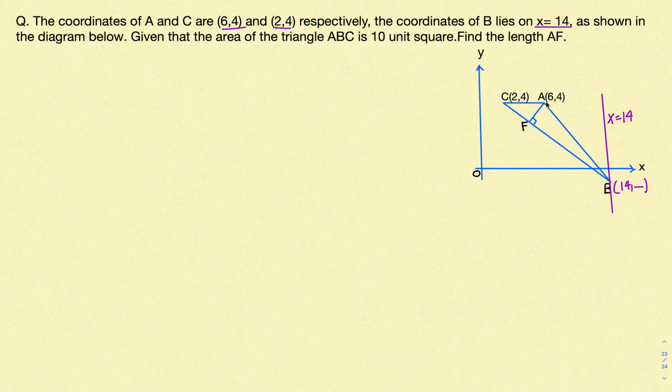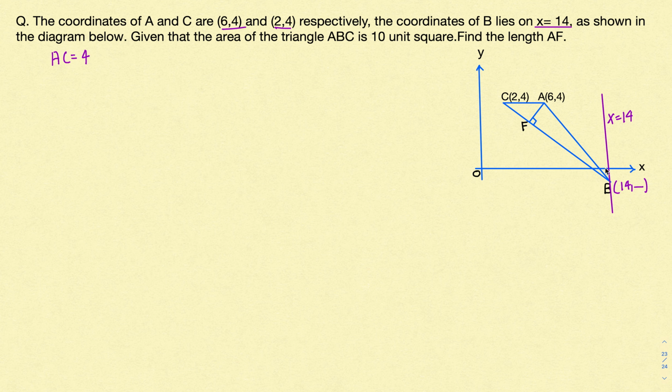The length of AC will be 6 minus 2, which is 4 units. So we can write this information here: using the coordinates, AC is 4.